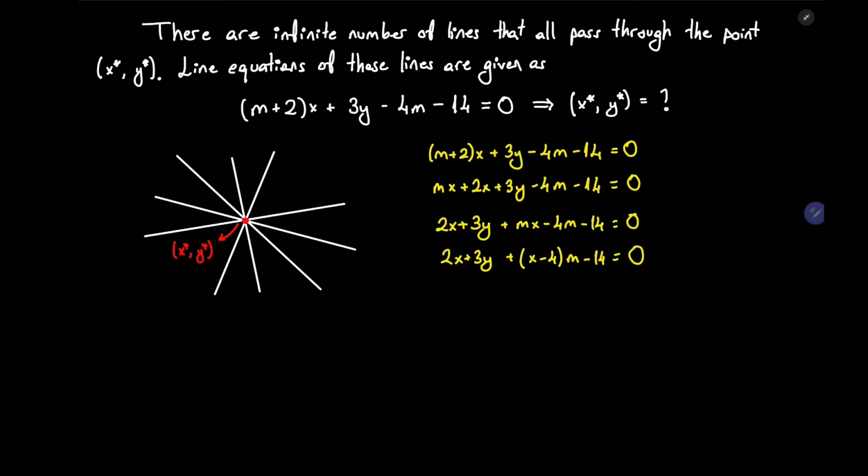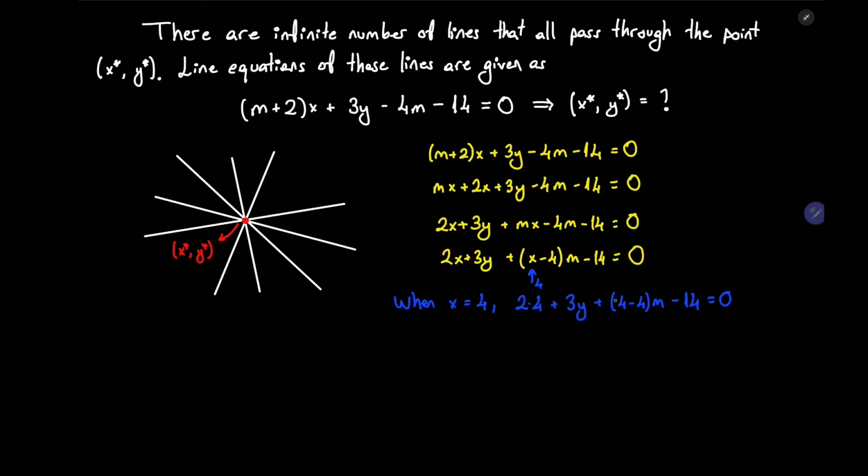So after this, we see that when x equals 4, here x is 4, the equation will be 2 times 4 plus 3y plus m times (4 minus 4) minus 14 equals 0.